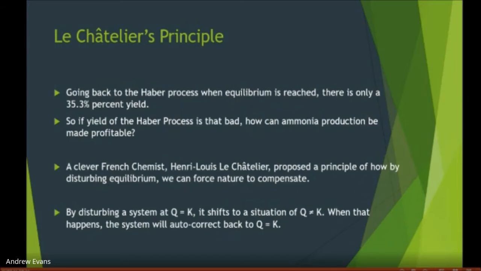You looked at that. We said the Kp was 0.105. You looked at the concentrations. This one only goes to about 35% yield. Like a third of the product that could possibly be produced gets produced, which is not good. And it's not good at all.